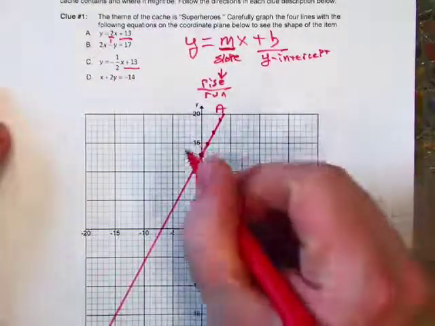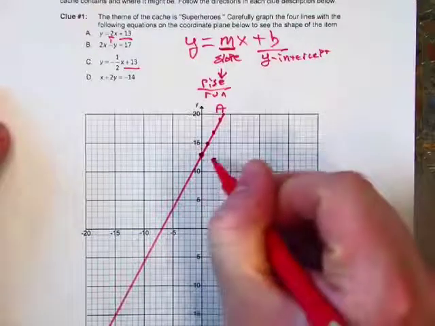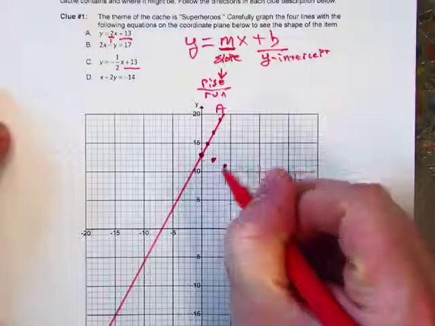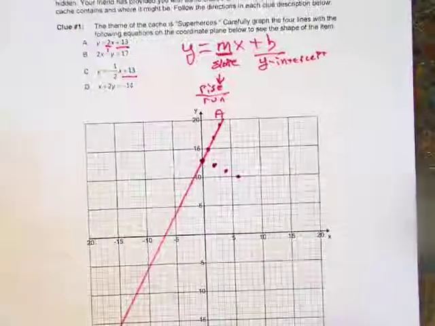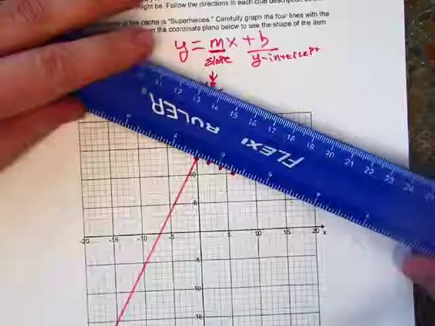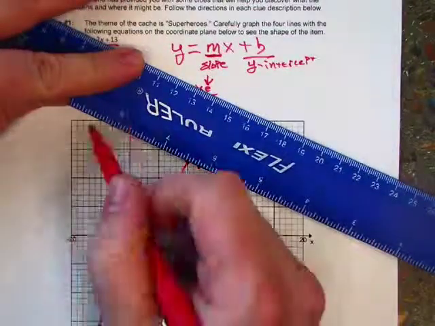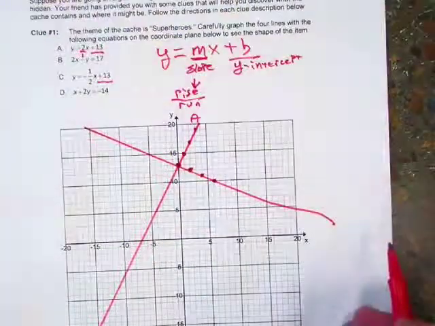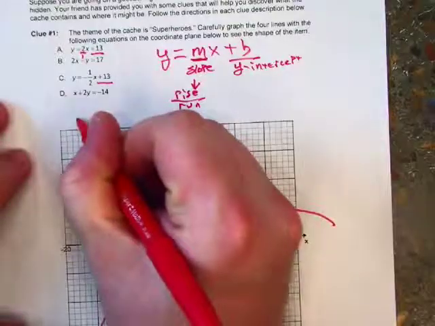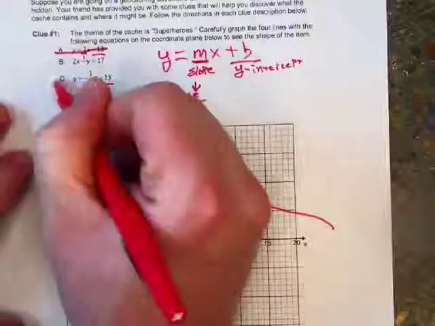So I'm going to put it on the top, so we're going -1 over 2, -1 over 2, and so on. And we see that we have a second line forming. And we're going to go ahead and draw that line. Okay, and this is C. So now we're done with A and C.